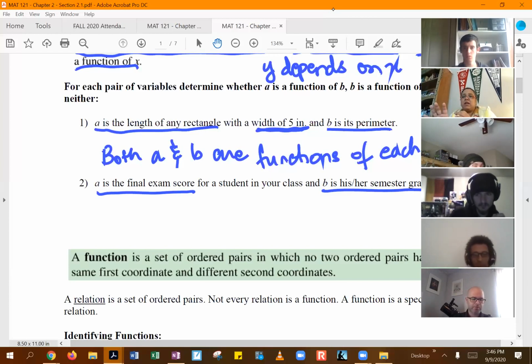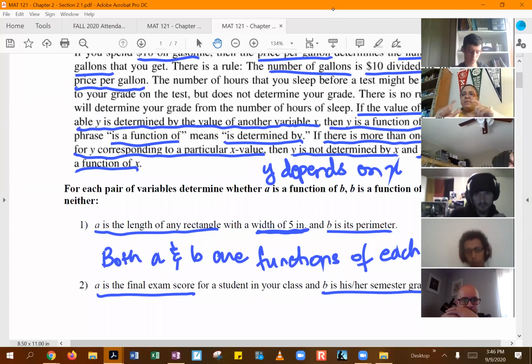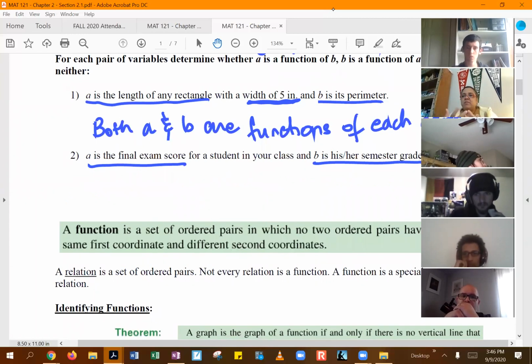But the other thing that also fails in this case is, remember how we had talked about for the same given value of X, we cannot have two different values for Y. So if you think about this, there can be multiple students in the same class who could get a grade of A or a B or a C, whatever grade it is. But that does not necessarily mean if 3 students got an A, they had the same final exam score, right?